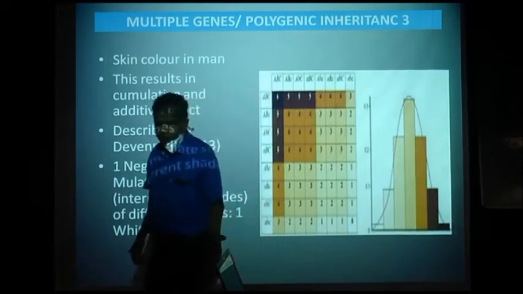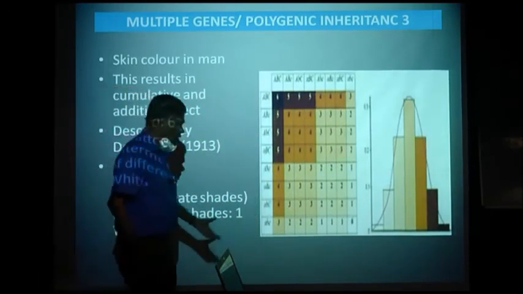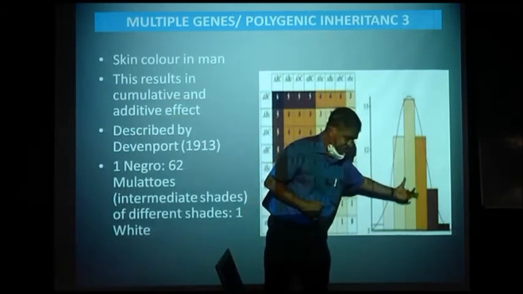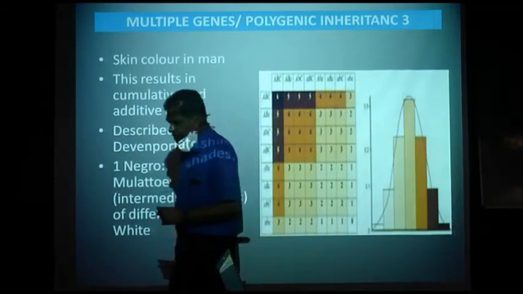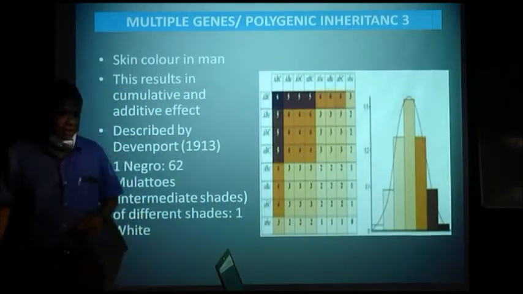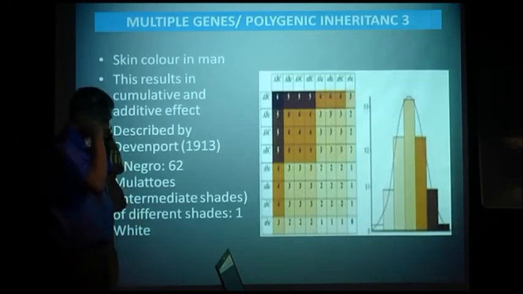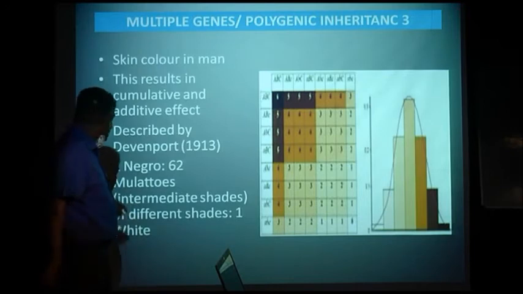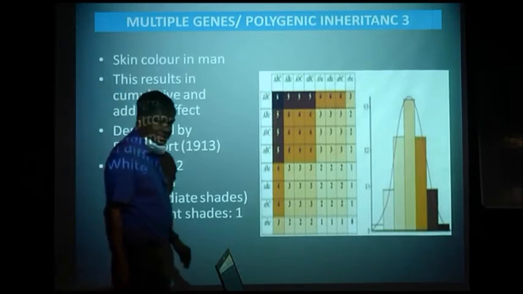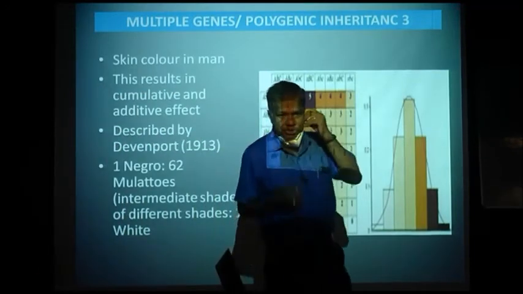This is because the intermediate shades, called mulattoes, are the maximum, and this condition was described by Davenport in 1913. Thank you very much.